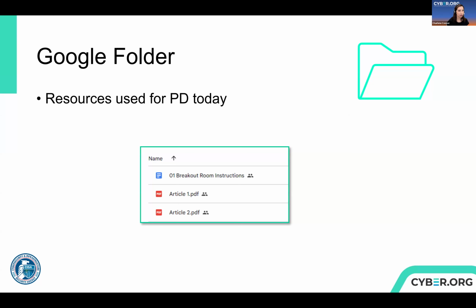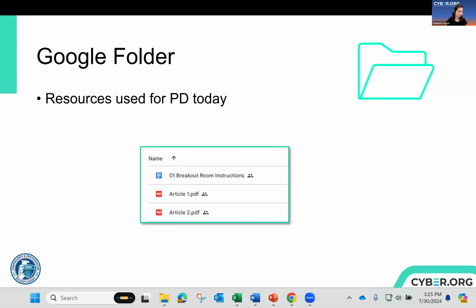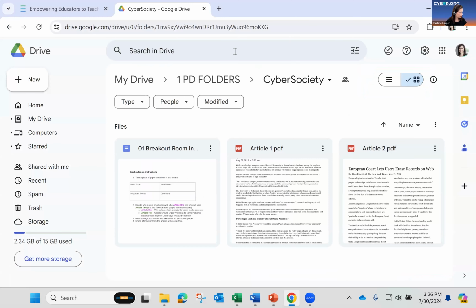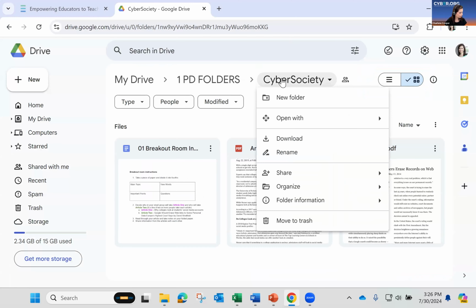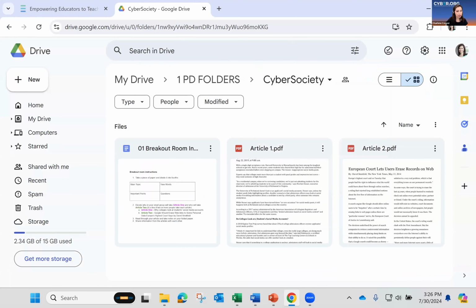And then I'm going to switch my screen here so that I can show you the Google folder. When you click on that link, you're going to see 3 things here. You'll see some instructions and then Article 1 and Article 2.